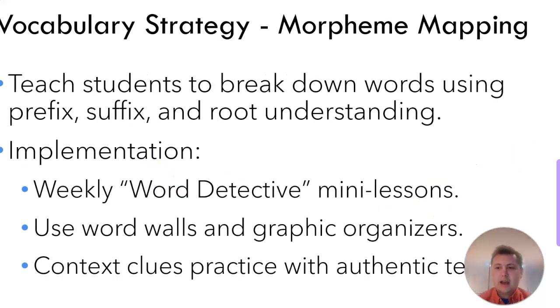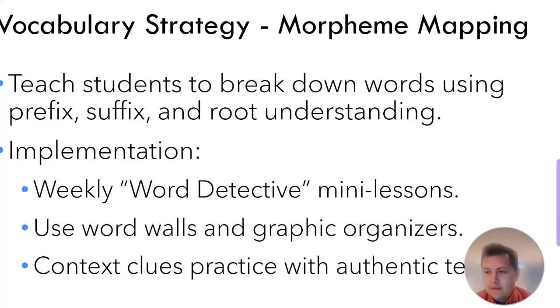Our next strategy we have is vocabulary. We would use morpheme mapping for this. So instead of having students memorize these long word lists, I would teach them how to break each word into pieces, the prefixes, roots, and suffixes.